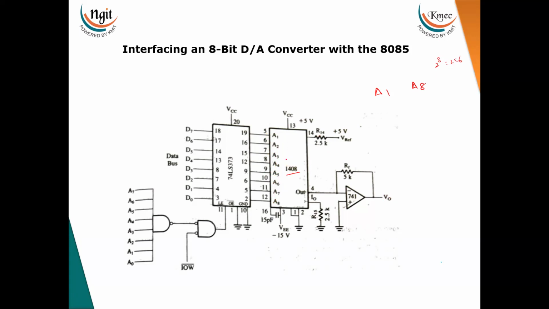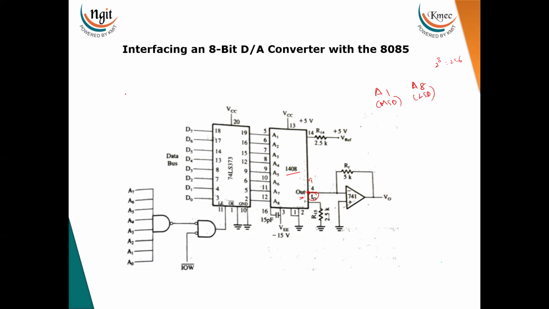Now this IC will convert these digital values to current, not voltage directly. At the output, it will give the I0 current. This current is converted into voltage by using the operational amplifier. Now in this IC, A1 is the MSB bit and A8 is the LSB bit.